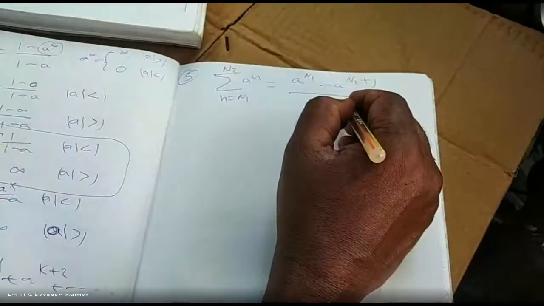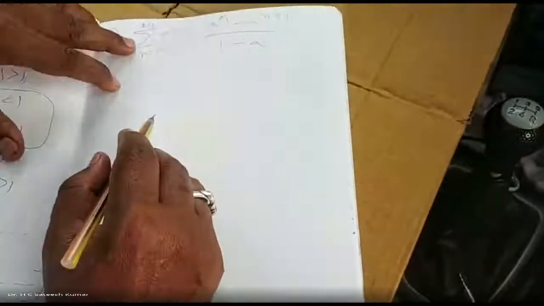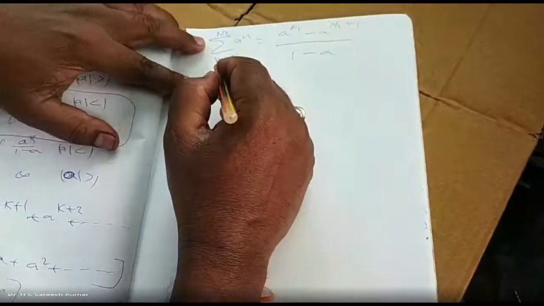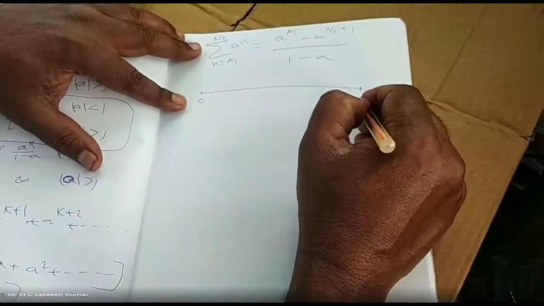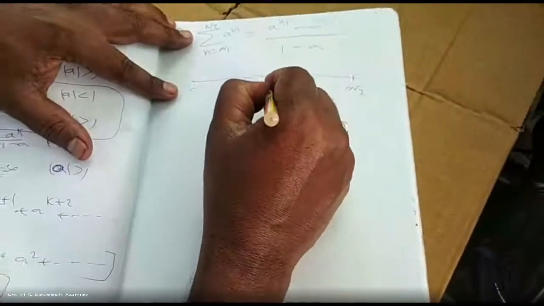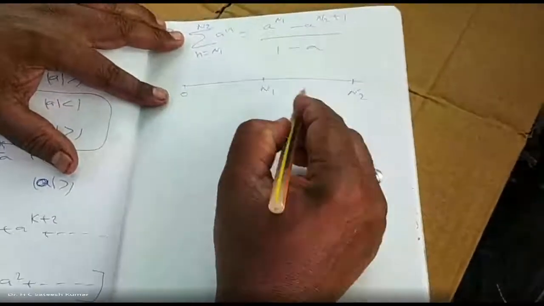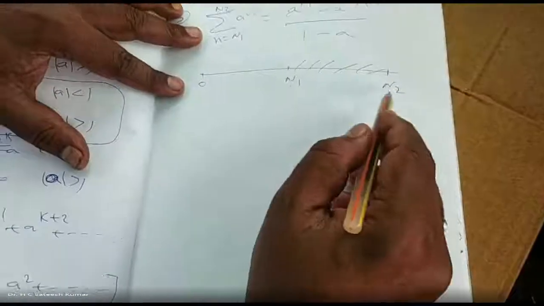How to get this one? A very simple one. Here we want it from n1 to n2. We don't have a formula for that. Therefore, take 0 to, let us say, n2. I want from n1 to n2. Let us say this is n1. Summation means adding from n1 to n2.